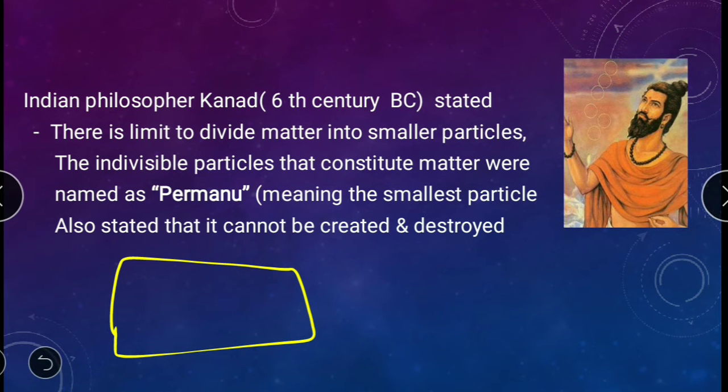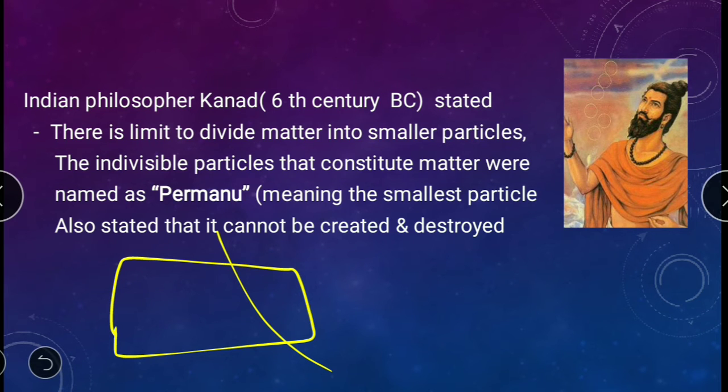We break that chalk into small pieces and we break the pieces into smaller and smaller particles, and there will be a moment such that we will not be able to further divide the chalk particles into smaller particles.